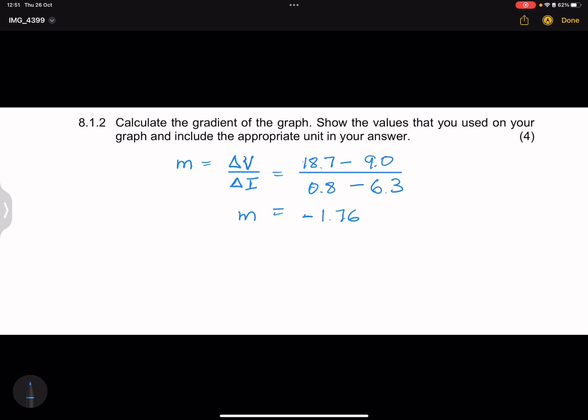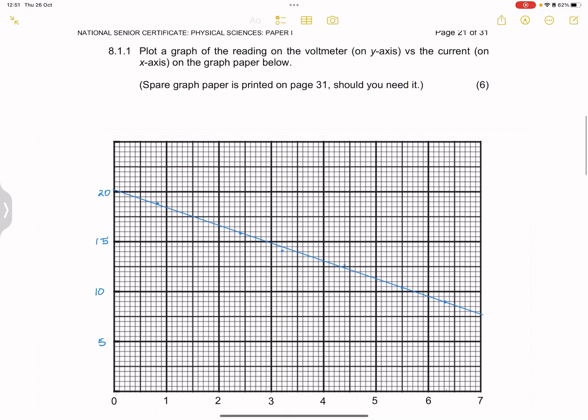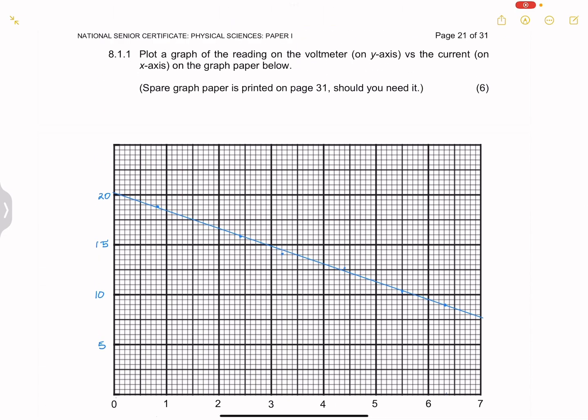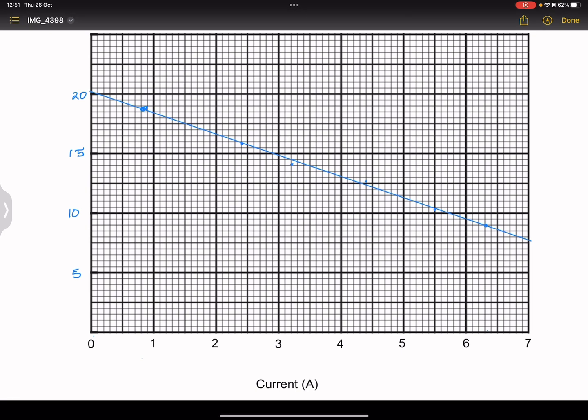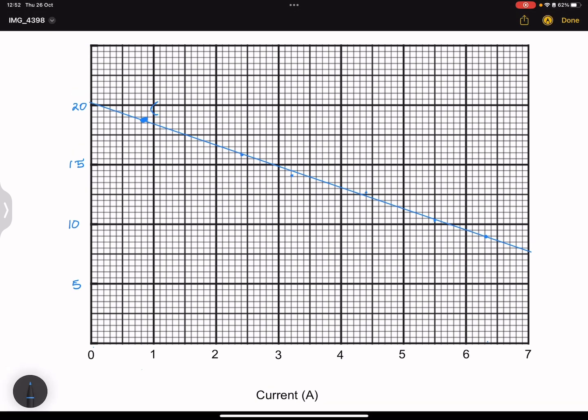Now, they said to show the values that you used on your graph, and include the appropriate unit in your answer. So let me call this V2.